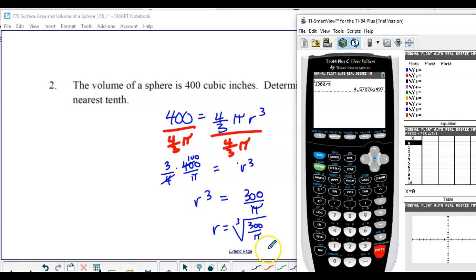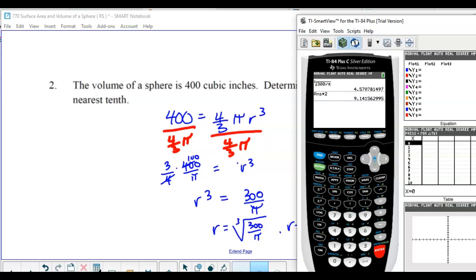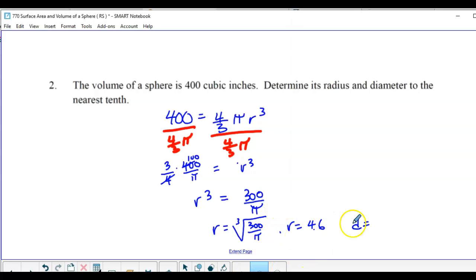So round to the nearest tenth, and then multiply by 2 to get the diameter. So notice on this that the radius will be 4.6 when it's rounded, but the diameter truly is going to be 9.1, right? So I'm not multiplying the rounded number by 2 on that. I multiplied the unrounded part, and this is inches.